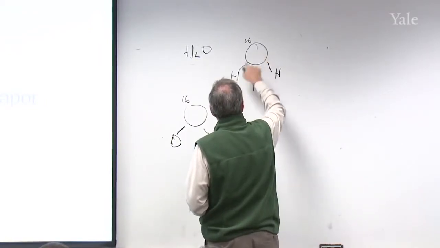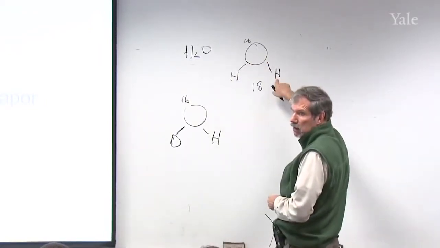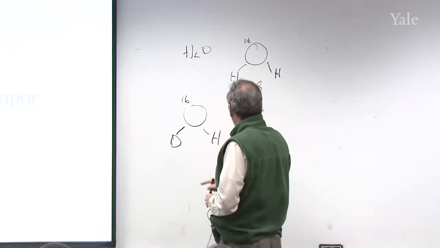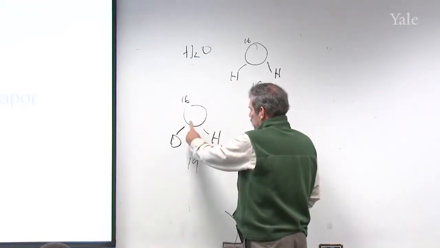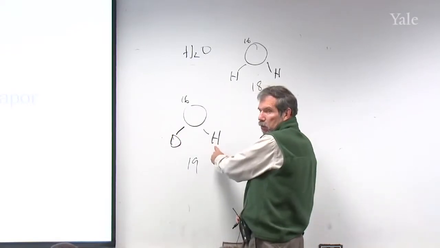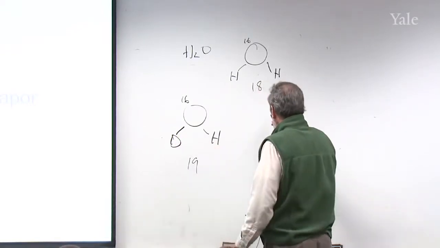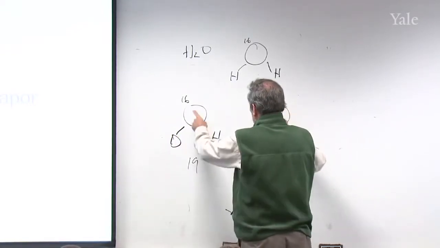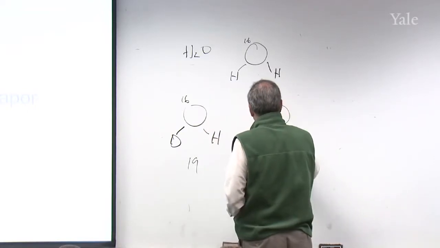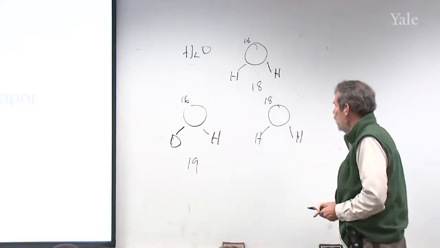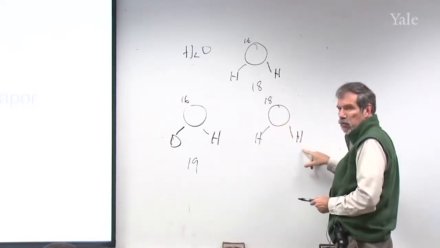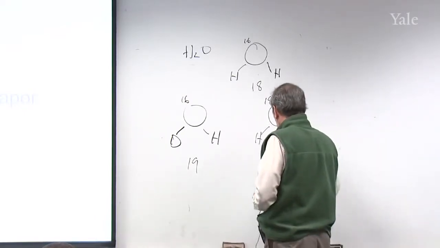Because it's 16 plus 1 plus 1. This is going to have a mass of 19 because it's 16 plus 2 plus 1. And then the other one is where you replace the oxygen 16 with oxygen 18, but keep both of these as hydrogens. That's going to have a mass of 20.